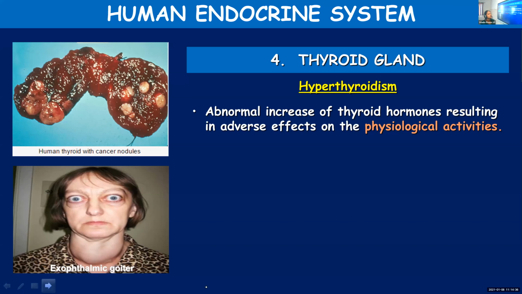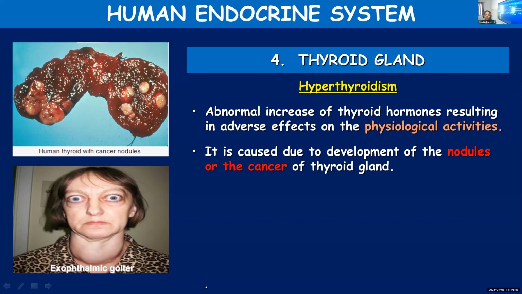And it is caused due to the development of nodules or cancer of the thyroid gland. So when some abnormal growth or nodules are there on the thyroid gland as a result of cancer, it can lead to excess secretion of these thyroid hormones, interfering with the different physiological activities.